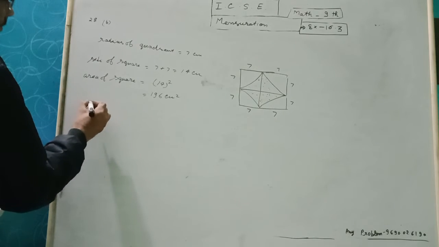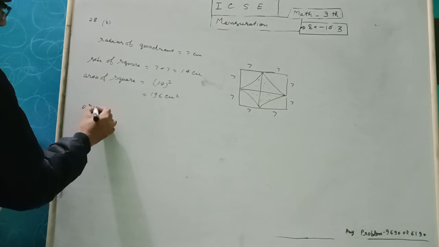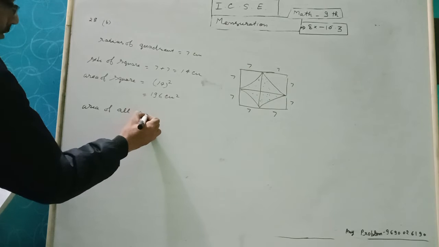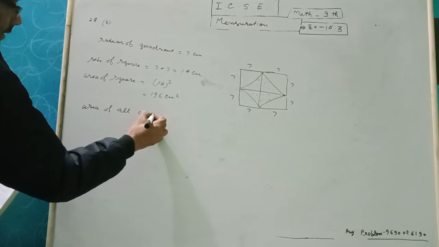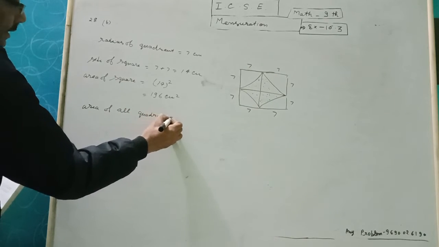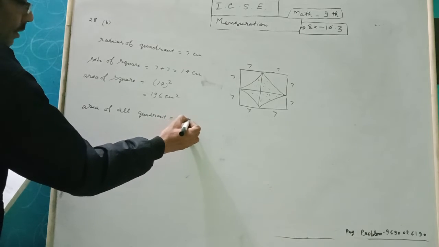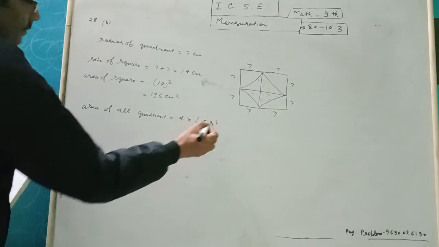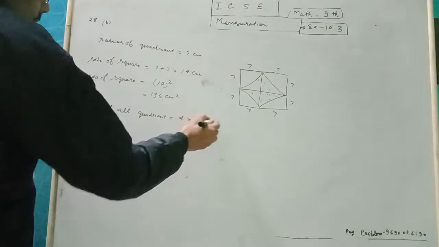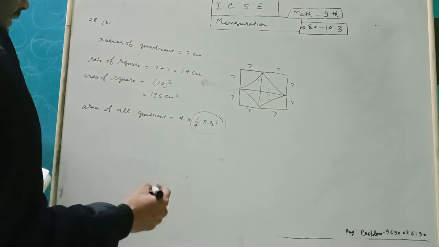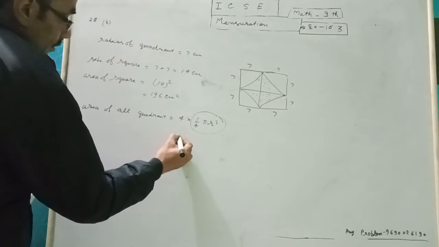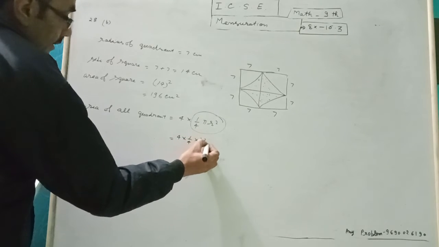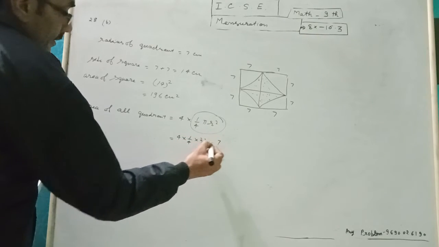Then area of all quadrants is equal to 4 equal parts, 1 upon 4 pi r square is 1 quadrant. So 4 into 1 upon 4, pi value is 22 upon 7, r value is 7.